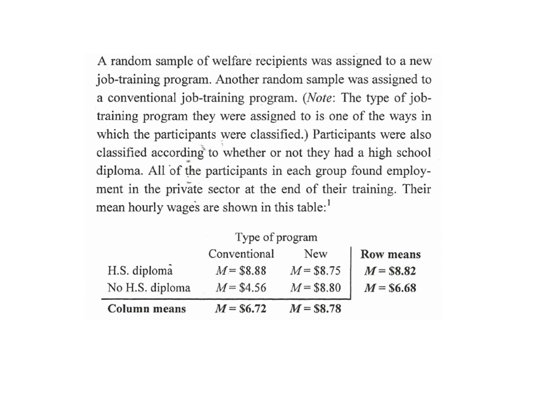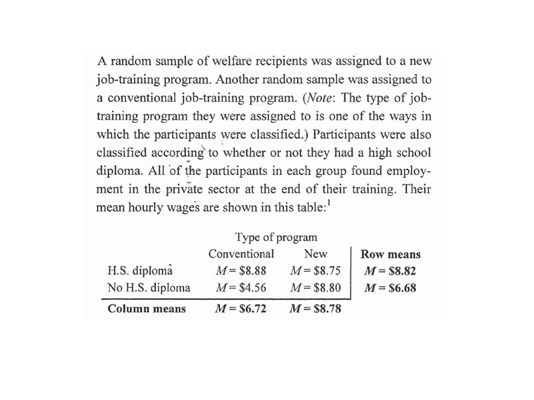Now let's look at the new job training program. Here, high school diploma had a mean of $8.75. The no high school diploma had a mean of $8.80, and the mean of the new program was $8.78.